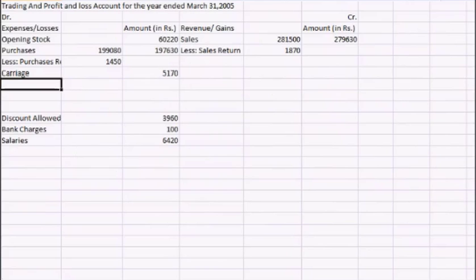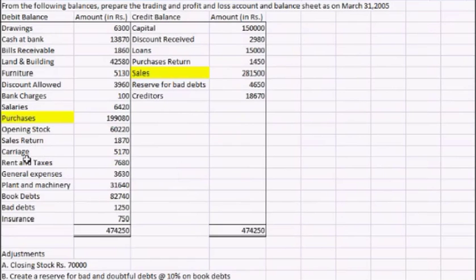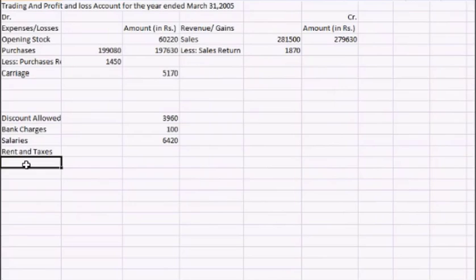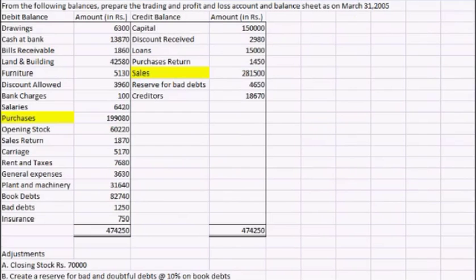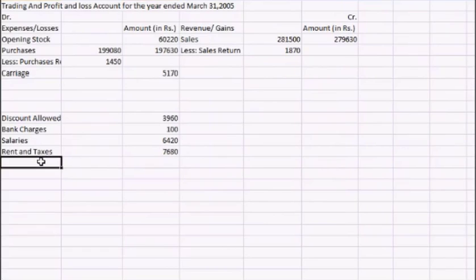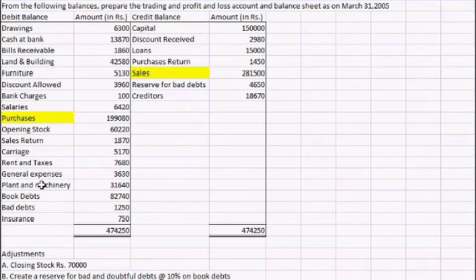So rent and taxes. We have rent and taxes. The amount is this one. So the next account is general expenses.